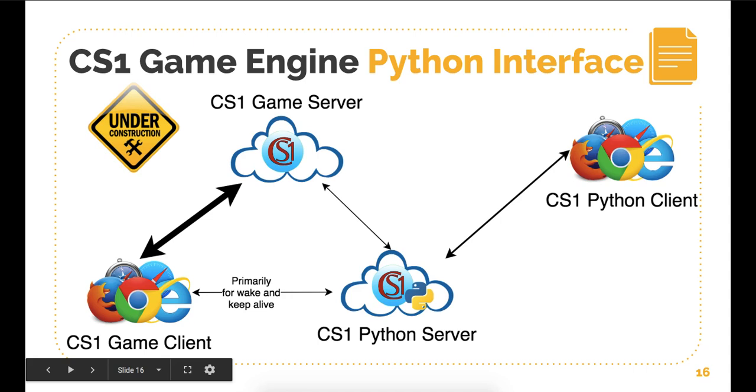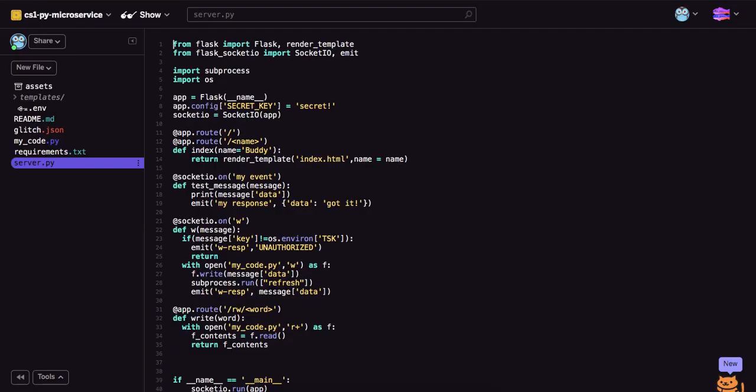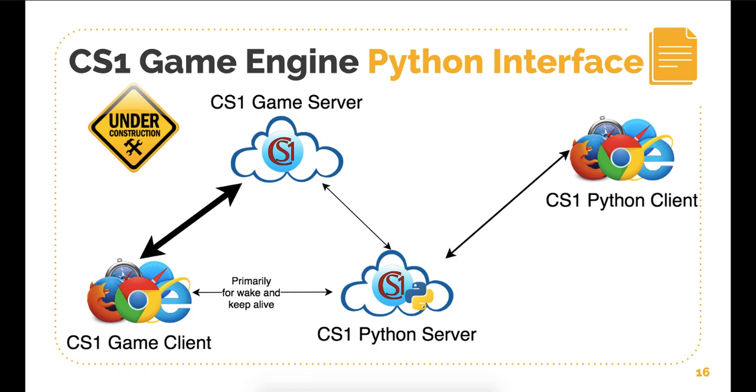For example, over here I have a Python Flask server, and that Flask server is just basically running a microservice, in this case like REST endpoints that the game client can interact with. So we can have the game client interacting with the Python server.